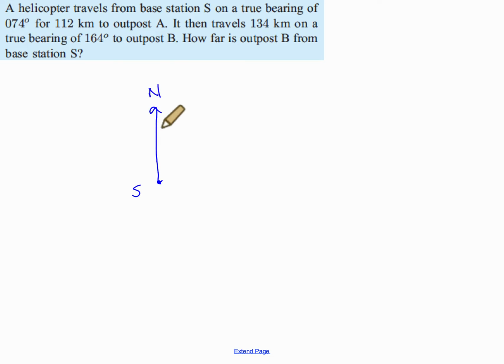I'm going to draw north, and then some dotted lines maybe to draw east, west, and south. And again, this is bearing S. So 74 degrees, remember east is going to be 90, maybe like that. So I'm going to say there, and it's 112 kilometers, and it is to outpost A. We'll call that outpost A. So we've taken care of this part.